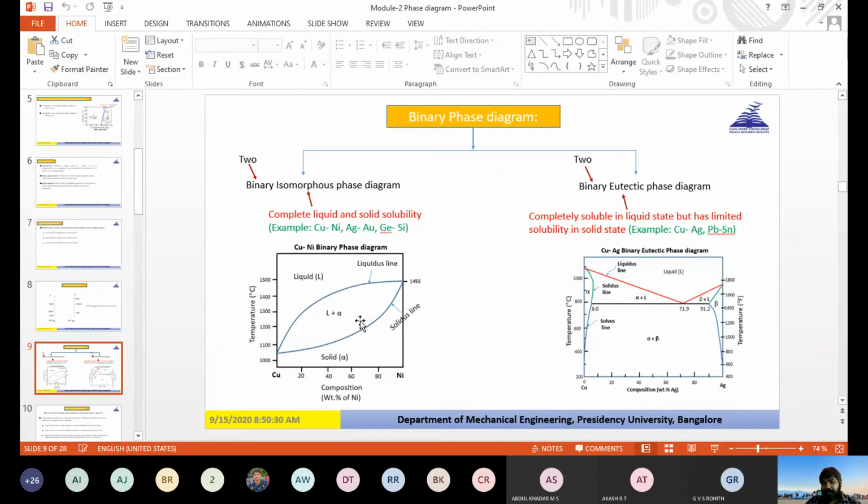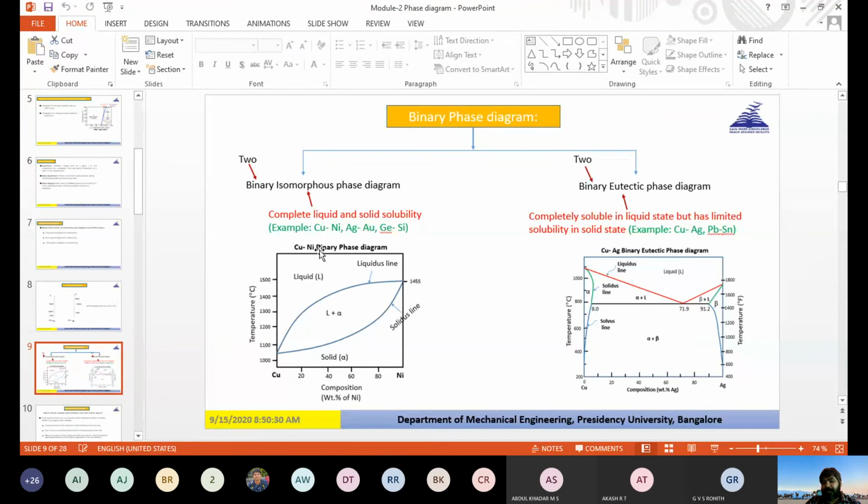It tells us the effect of temperature and composition on the number of phases. You can also see this in the phase diagram. With the help of this phase diagram, we will be able to know at what temperature what phases are present in the copper nickel system.